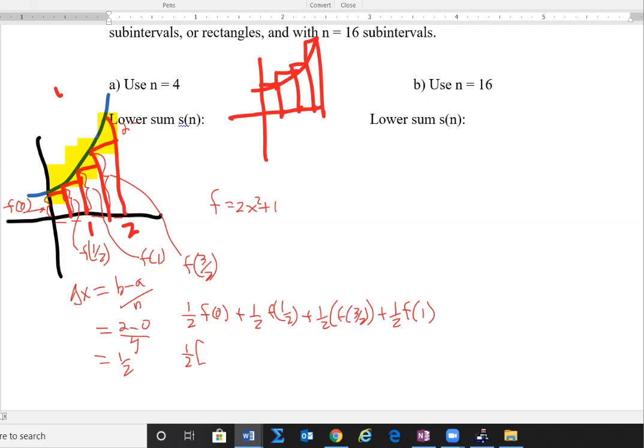If you remember what we did on that last example, we can get a calculator to do some of this for us. f of 0 is 2 times 0 squared plus 1, plus f of a half, which is 2 times a half squared plus 1, plus 2 times 3/2 squared plus 1, plus 2 times 1 squared plus 1.